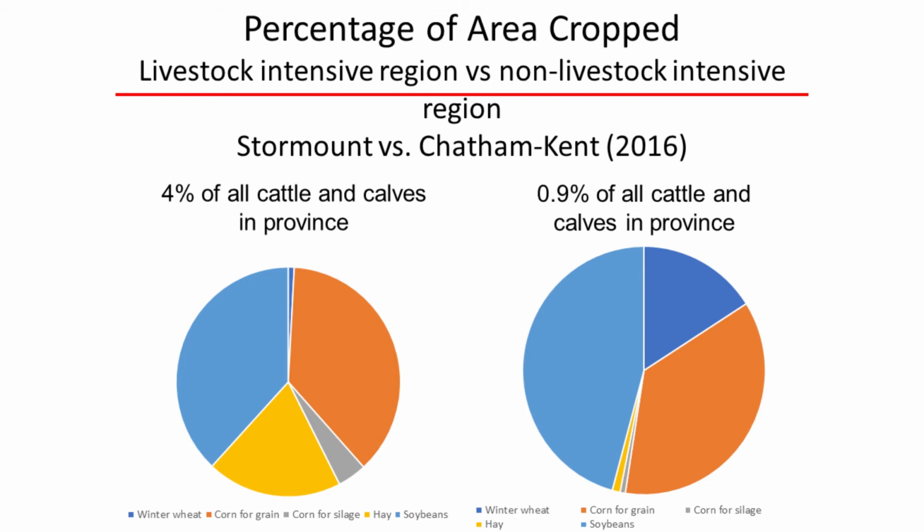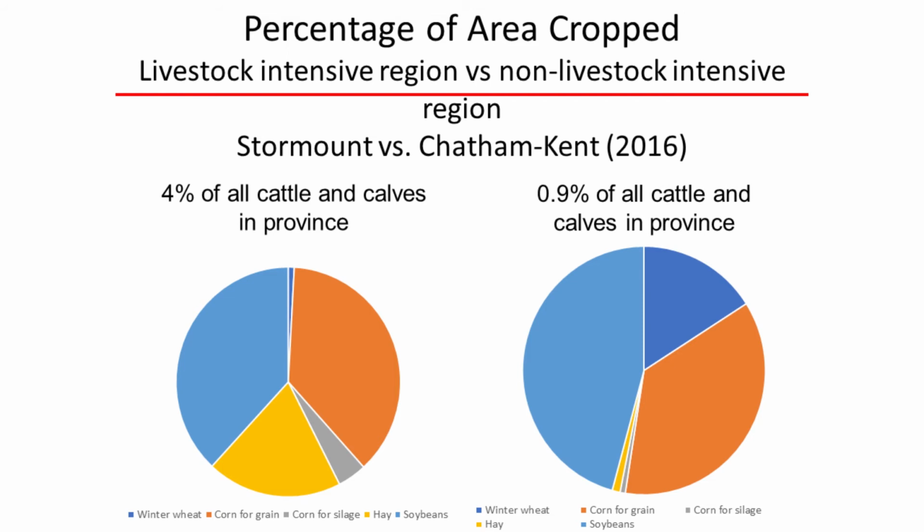Stormont has 4% of all the cattle and calves in the province. That is, 4 out of 100 of those cattle and calves are in Stormont, Dundas, and Glengarry County. Conversely, 0.9% of cattle and calves are in Chatham-Kent. So we have different livestock intensities.